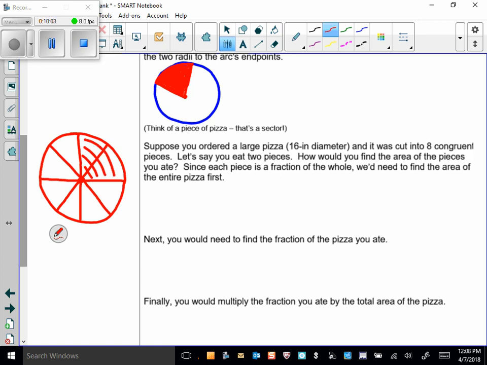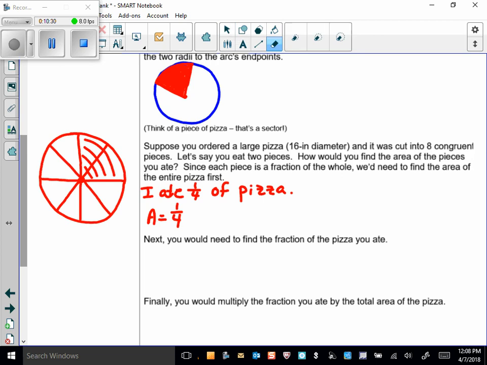Okay, well this one's pretty easy because how much in terms of a fraction did I eat of that pizza? I ate 1/4 of it, right? 1/4 of the pizza. So all I would need to do is find the area of the pizza, multiply that by 1/4, and that's how much I ate. The area of the whole thing, let me put a W there for whole, is pi r squared, which is pi times 8 squared.